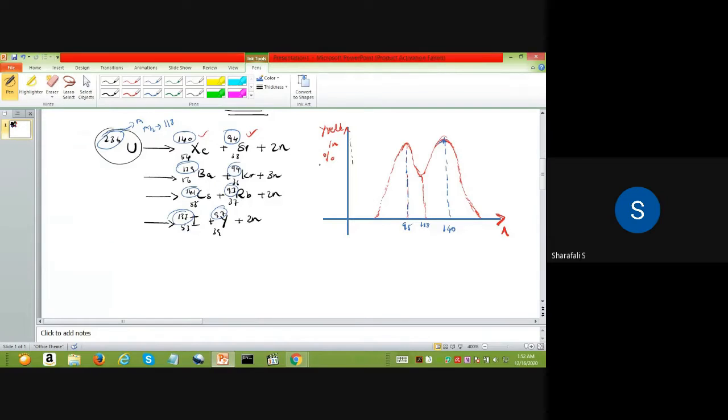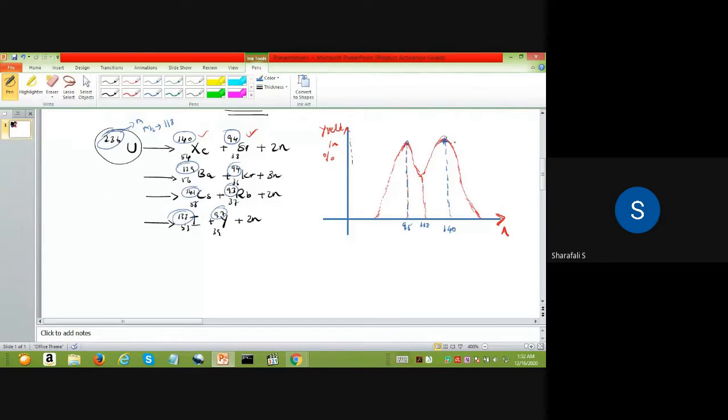So the maximum number of daughter nuclei with mass number around 140 is maximum, and also around 94, 95 it is maximum number of daughter nuclei that you will get. Okay, so the daughter nuclei with mass number 94, 95 is having some maxima, and daughter nuclei with mass number around 140 is also maximum.